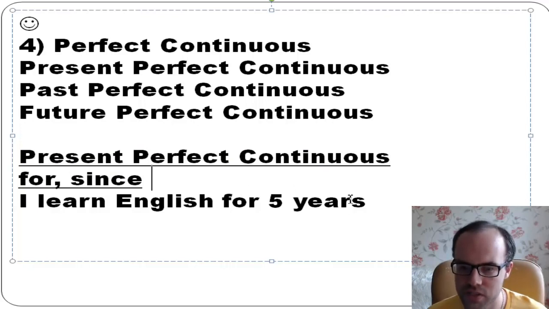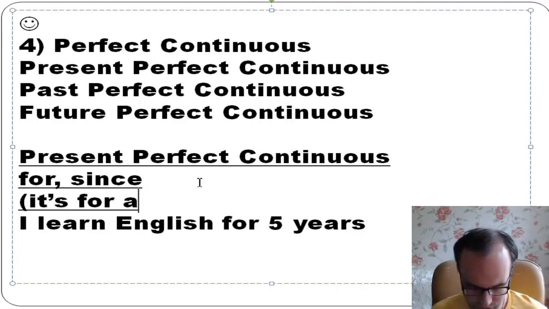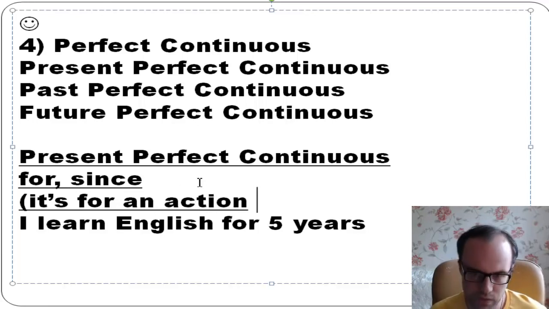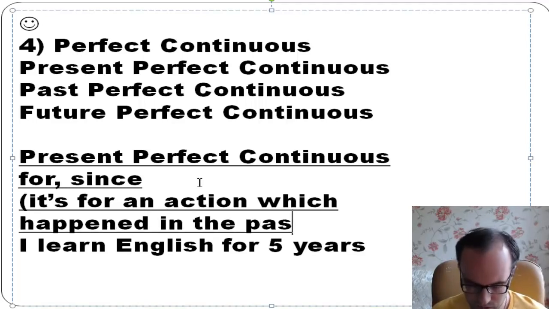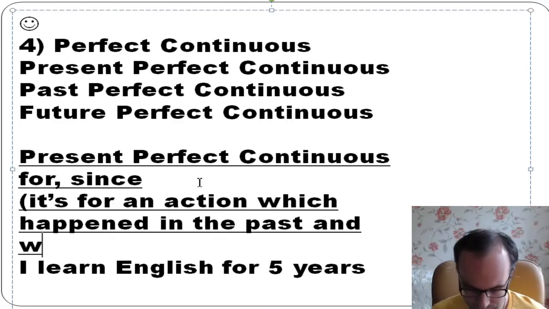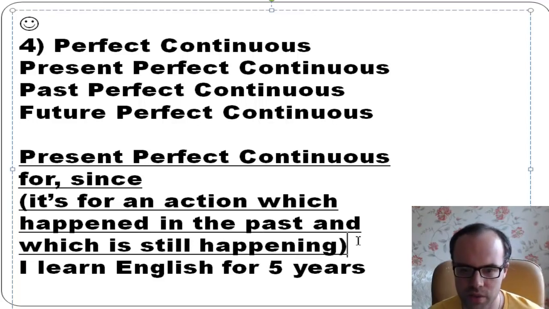So, what is present perfect continuous? It's for an action which happened in the past and which is still happening.